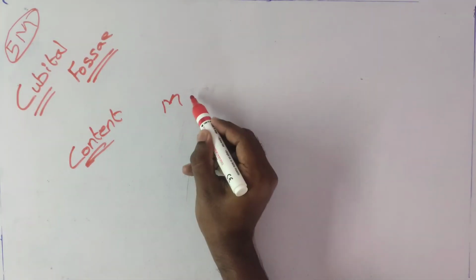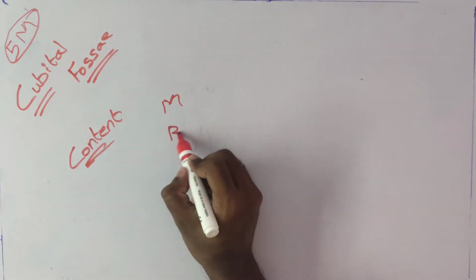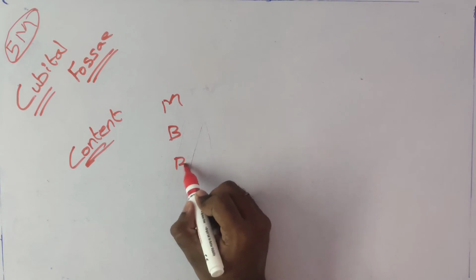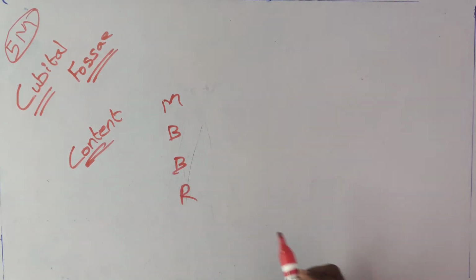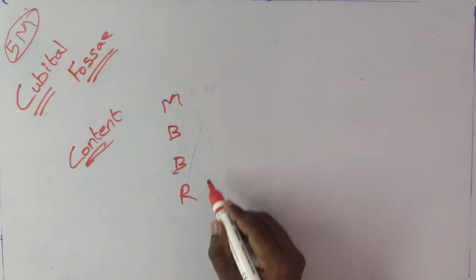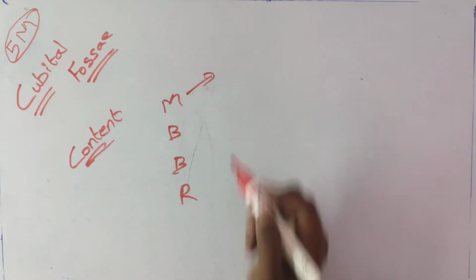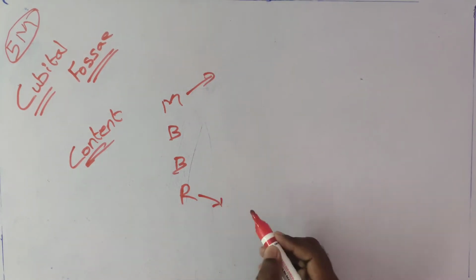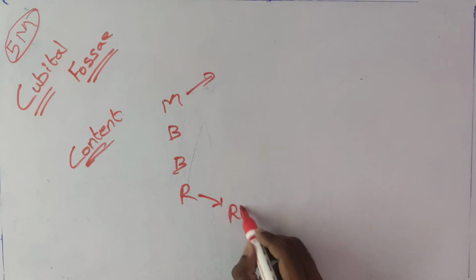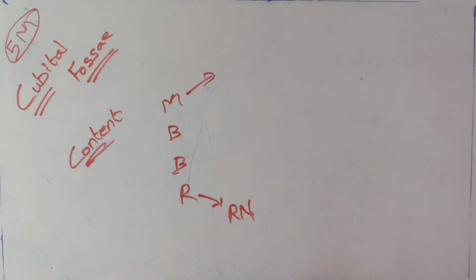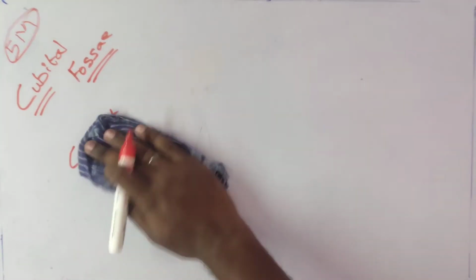M is for median nerve, B is for brachial artery, another B is for biceps brachii tendon, and R is for radial nerve. Remember that median nerve is at the medial side, and radial nerve is present at the lateral side. So the remaining are in between. So it is from medial to lateral.